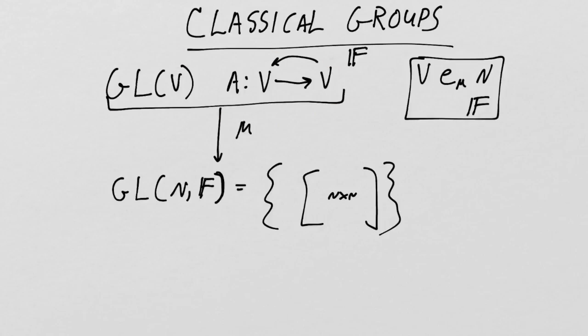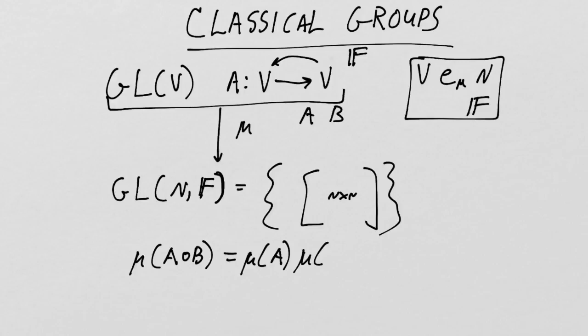And you have to believe that this is an isomorphism, meaning that if I have two elements of the abstract general linear group, then I know that the matrix representation of A after B is going to be the matrix multiplication of the representation of A times the representation of B.